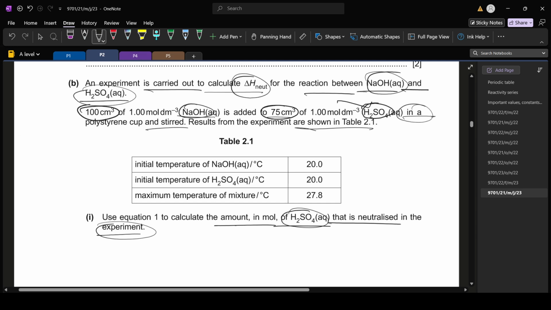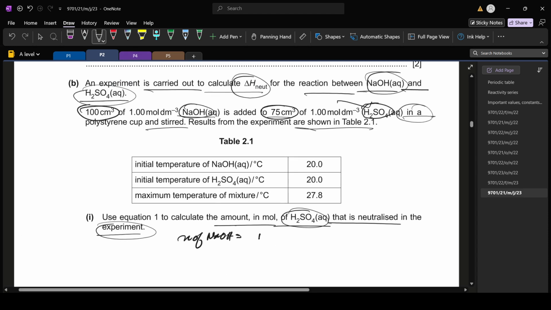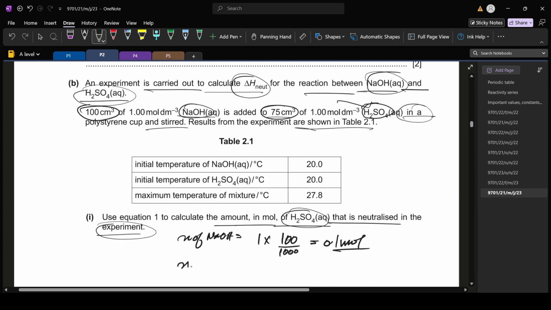You will first find the moles of sodium hydroxide, then you will compare the moles which are needed by ratio. Okay, so the moles of NaOH is equal to 1 multiplied by 100 divided by 1000, so it's 0.1 moles, and by ratio you can see that there is 2:1, so the moles of sulfuric acid is 0.05.